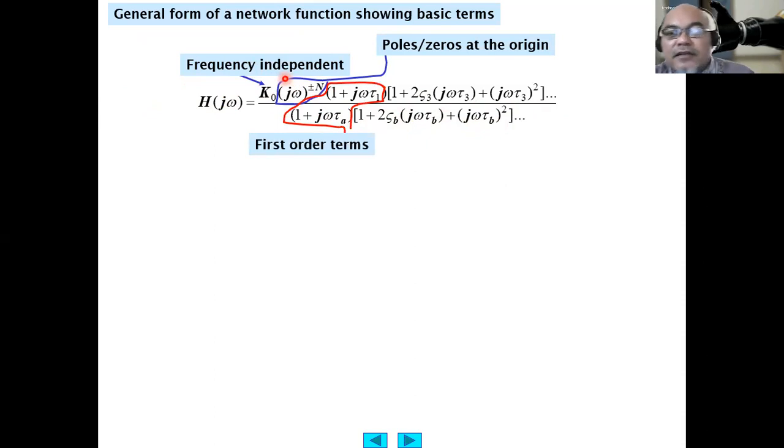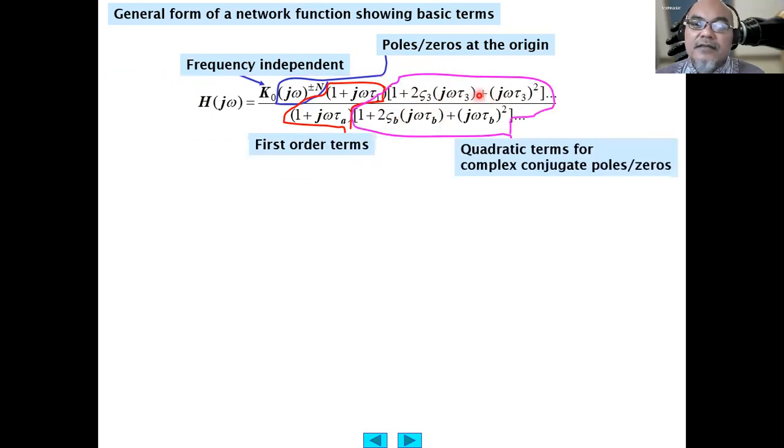Then we have the first-order terms, 1 + jωτ1; in the upper part is the zero, the lower part is the pole. And we have the second-order term here, with the ζ and τ. The quadratic term is for complex conjugate poles and zeros. Okay.